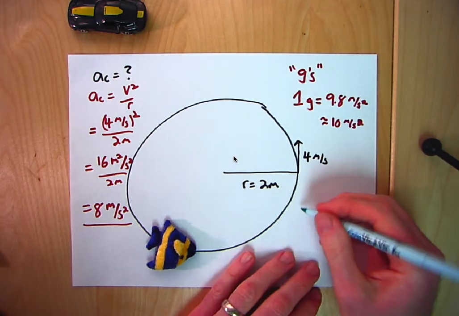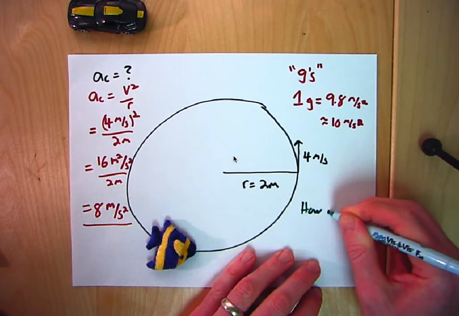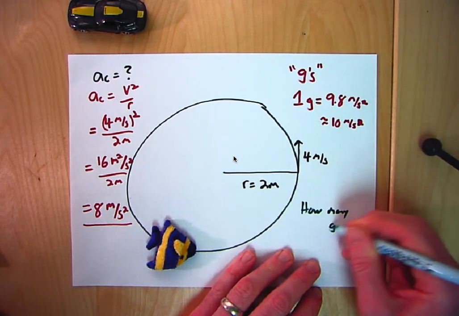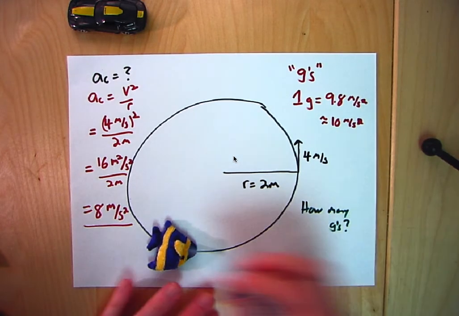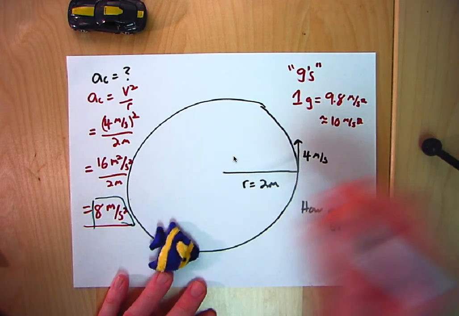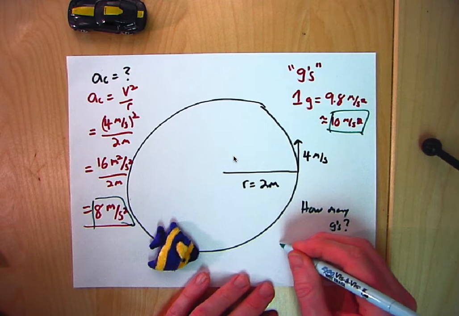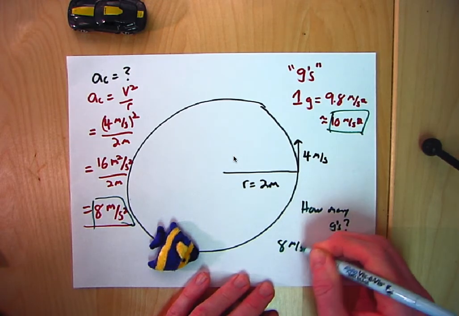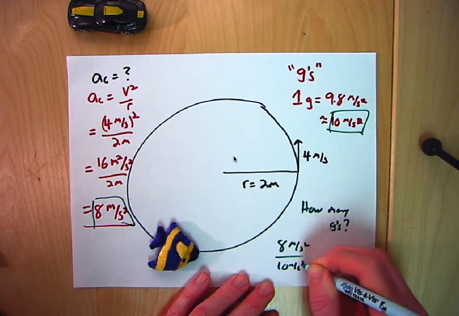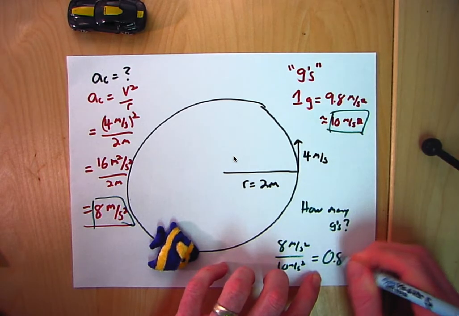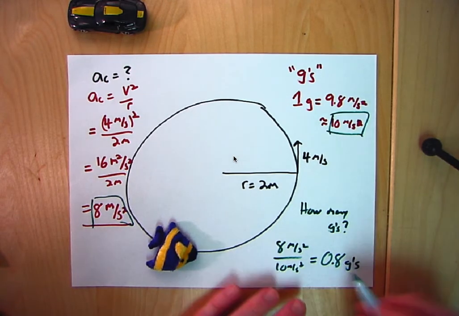How do we do that? How many g's? Well, that's pretty easy. We just take our 8 meters per second squared, divide it by 1 g, which is 10 meters per second squared, and then that'll tell us. Easy math. It's going to give me 0.8 g's.